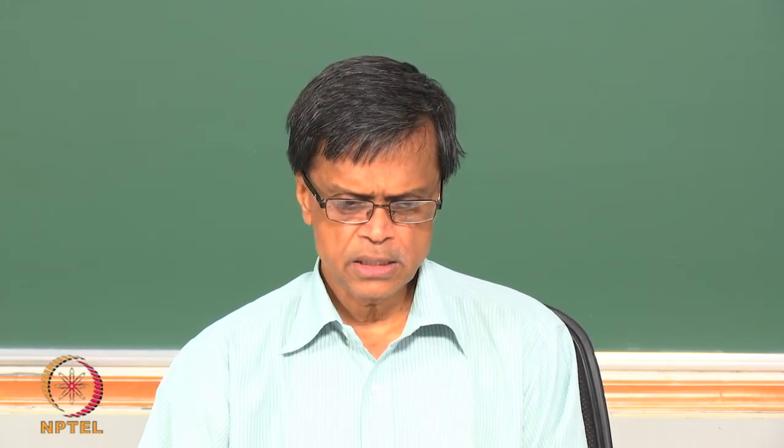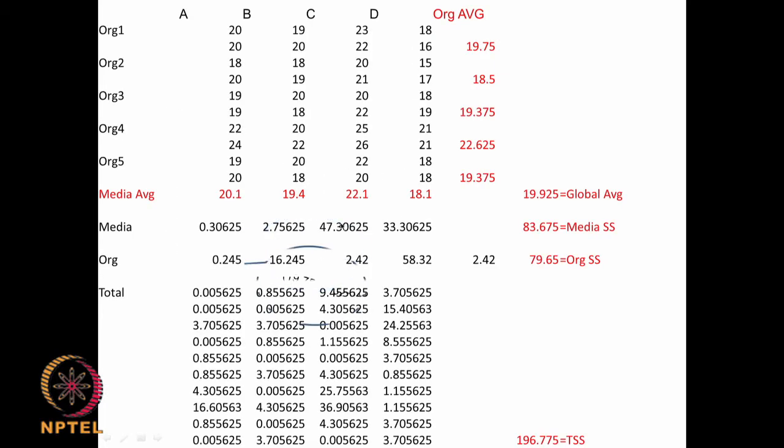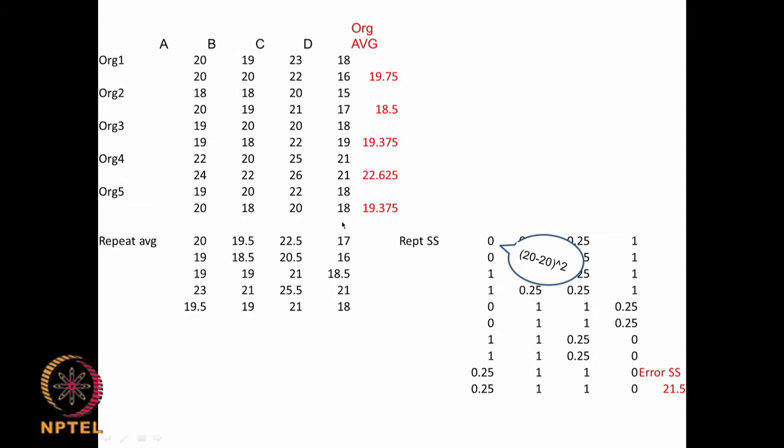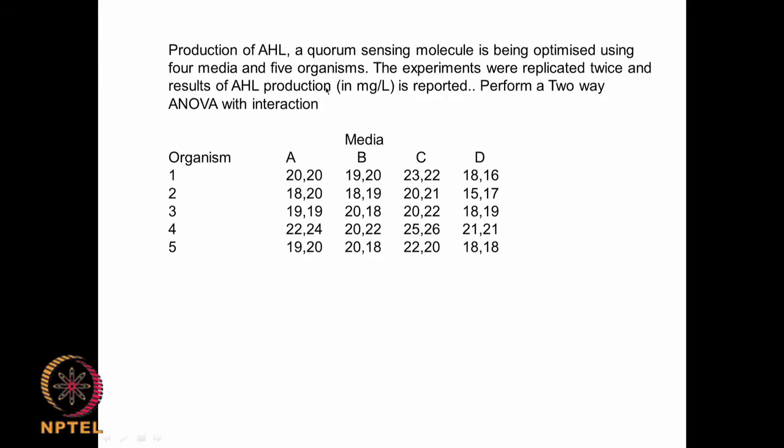Okay, let us look at one more problem, which again looks at a two-way ANOVA. Here in this particular problem we are looking at the production of a quorum sensing molecule. Quorum sensing is a very important concept in bacterial biofilm formation, okay.